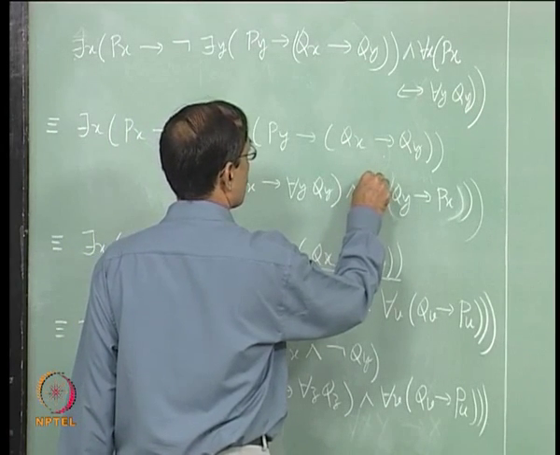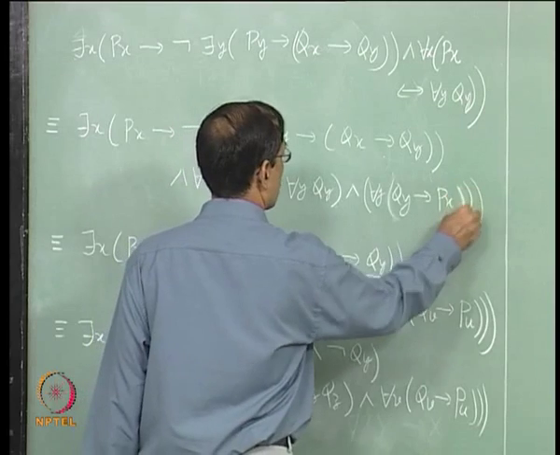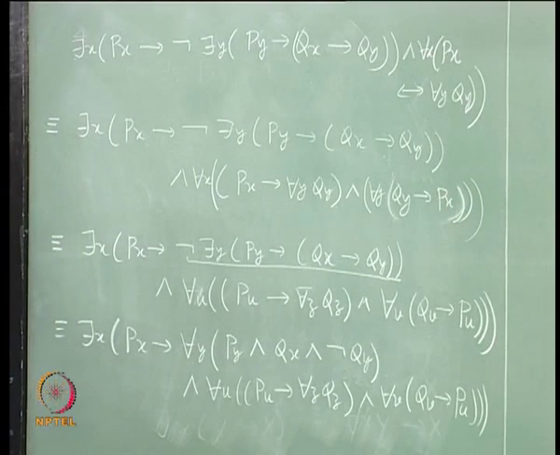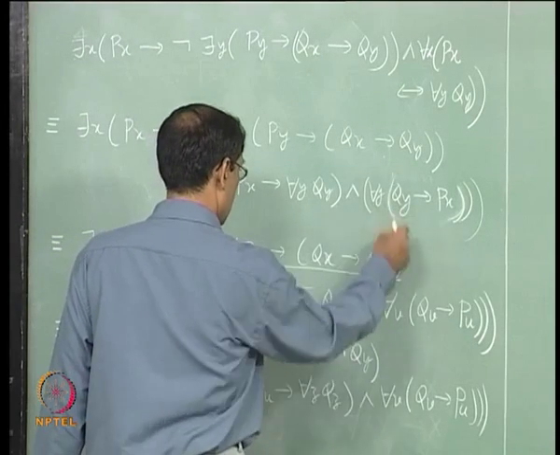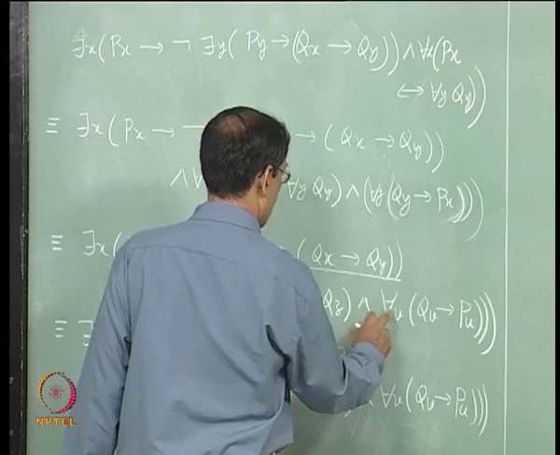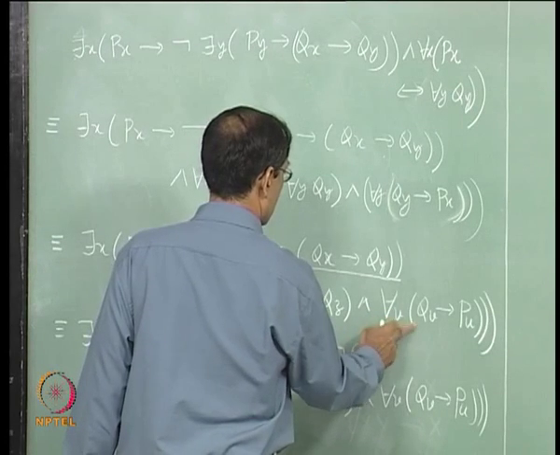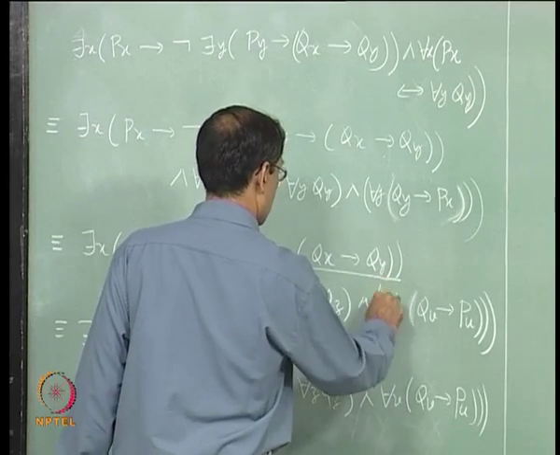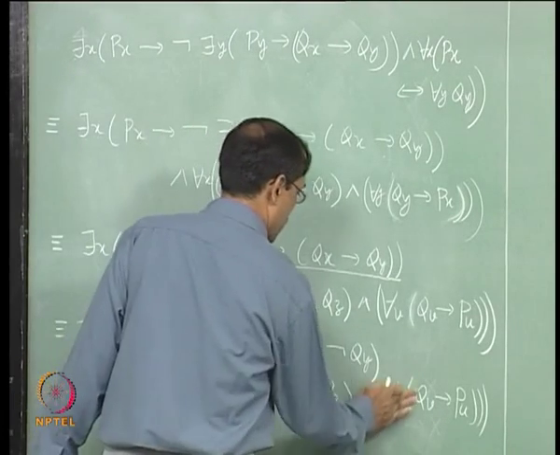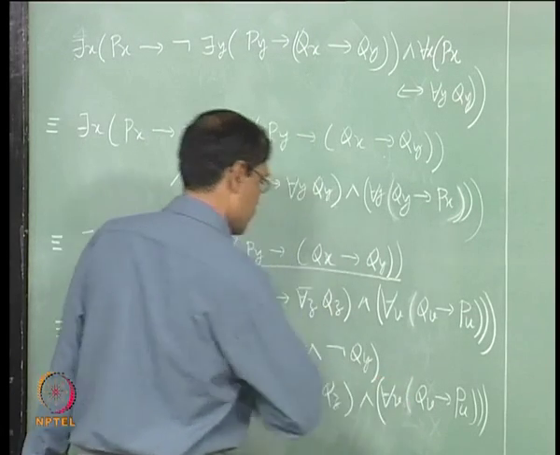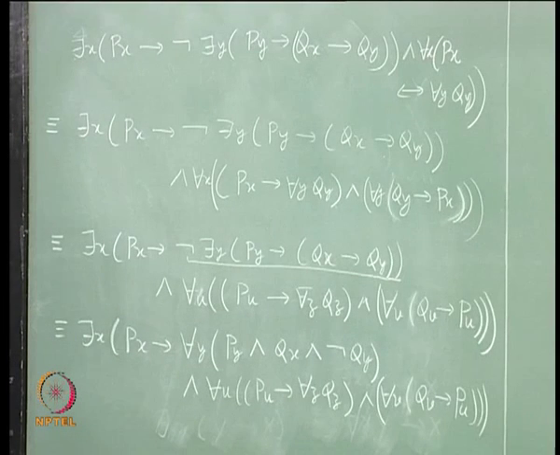Bracket should be here, right. That is right. So, then you have the bracket here, and then you have the bracket here also, that is the modification. So, now what should we do here?